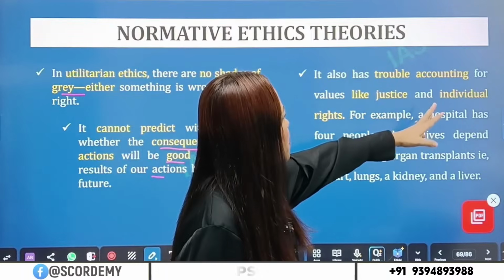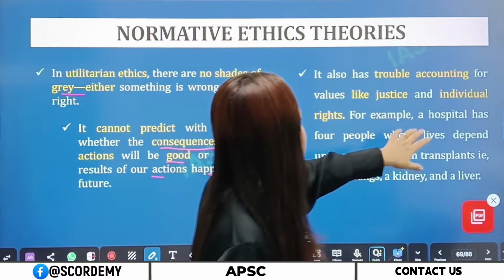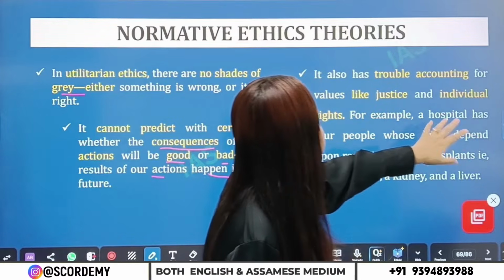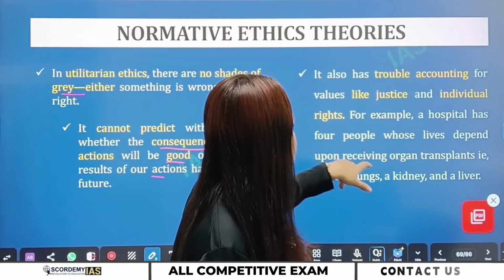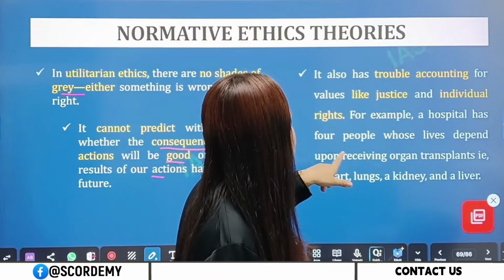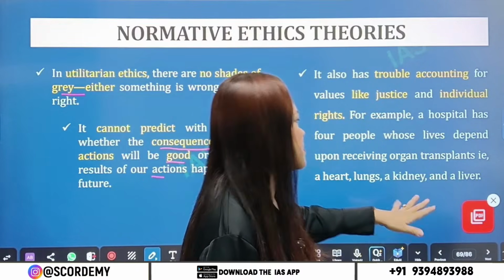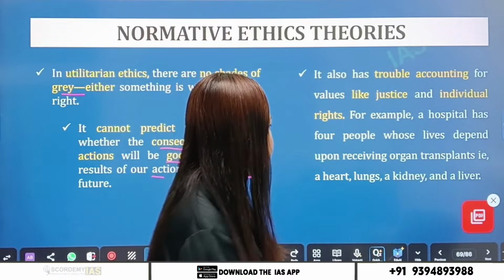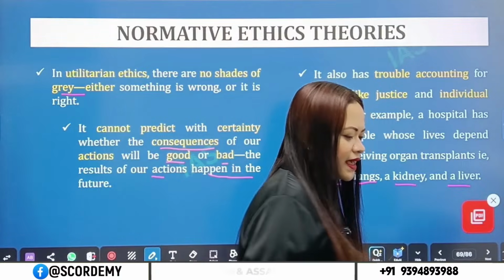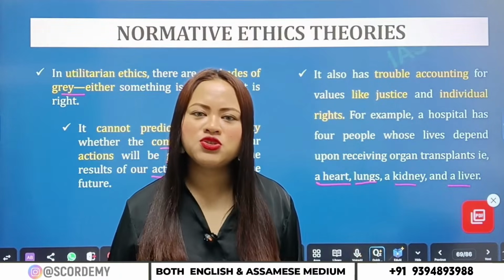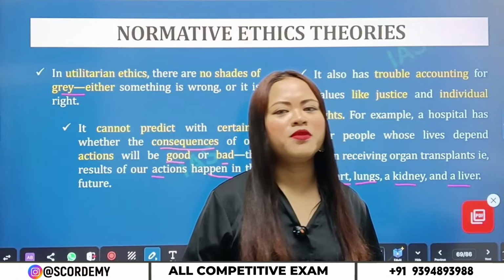It also has trouble accounting for values like justice and individual rights. For example, suppose a hospital has 4 people whose lives depend upon receiving organ transplantation. One person needs a heart, a lung, a kidney, and a liver. And then a normal person walks into that hospital for a minor something.